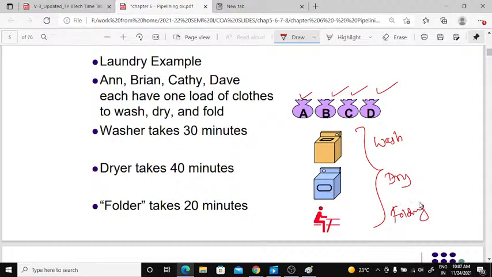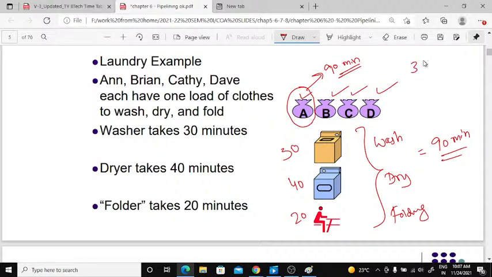It takes 30 minutes to wash one load, 40 minutes for drying and 20 minutes for folding. In total, 90 minutes for one load. Then for four loads, 360 minutes it will take.